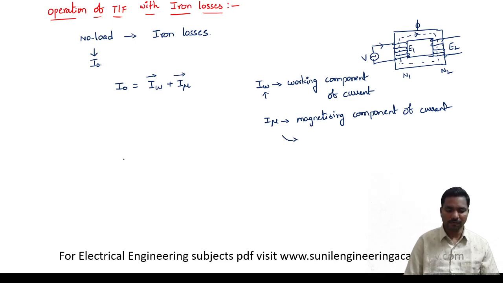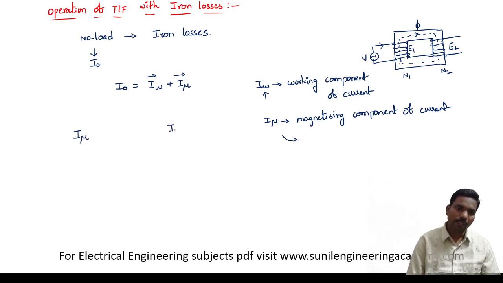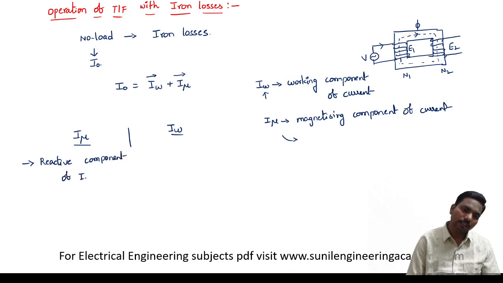Let us take some differences between this IW and I mu. I mu is nothing but magnetizing component of the current, so you can say it is the reactive component of current.